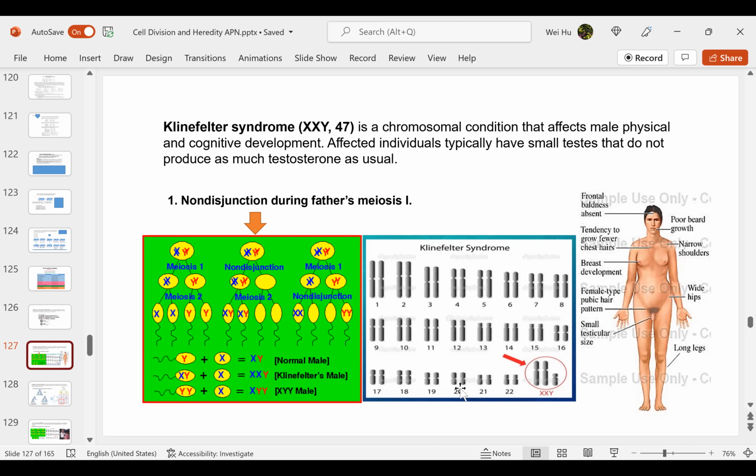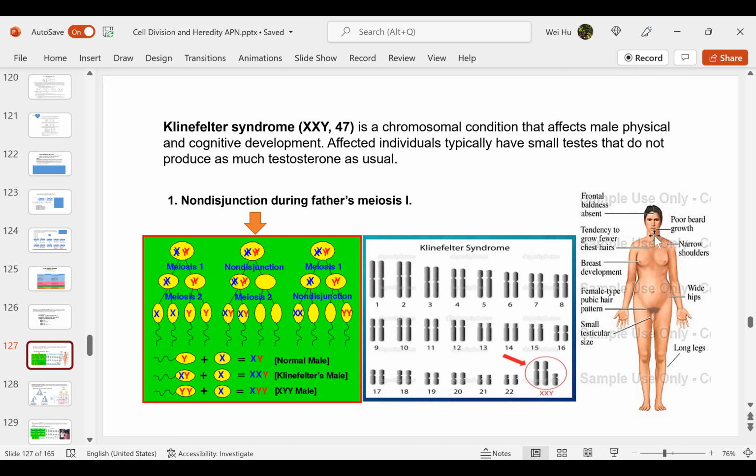This is the chromosome picture. They only have this one abnormality, the other things are normal, so you have 2 X and 1 Y. What symptoms does this man have? He is a man, so he has testes and shows a man's figure, but he has developed breasts.